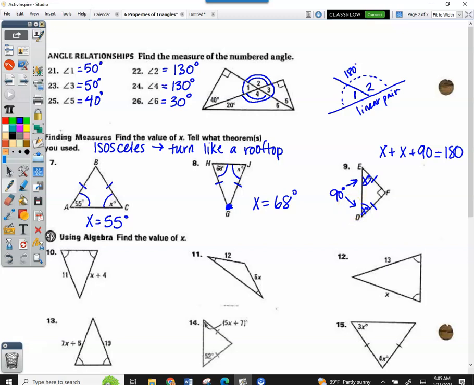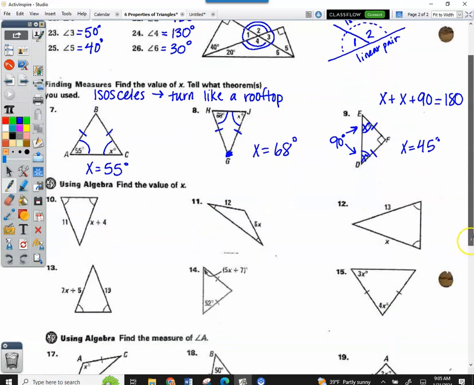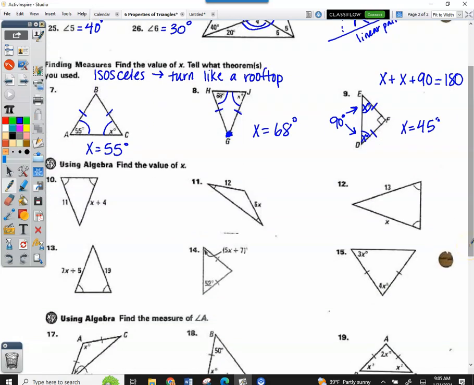So what do I do with that 90? Divide it by 2. And you get that x is 45. That is a more intuitive way to get there. If you don't see it that way yet, the goal is eventually you will see it that way. For now, the angle plus angle plus angle equals 180. That works too, okay?